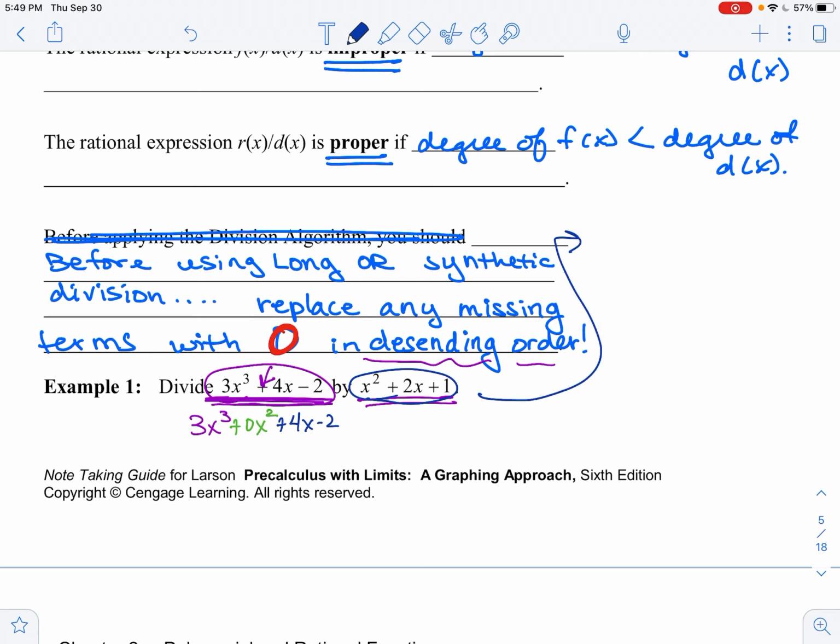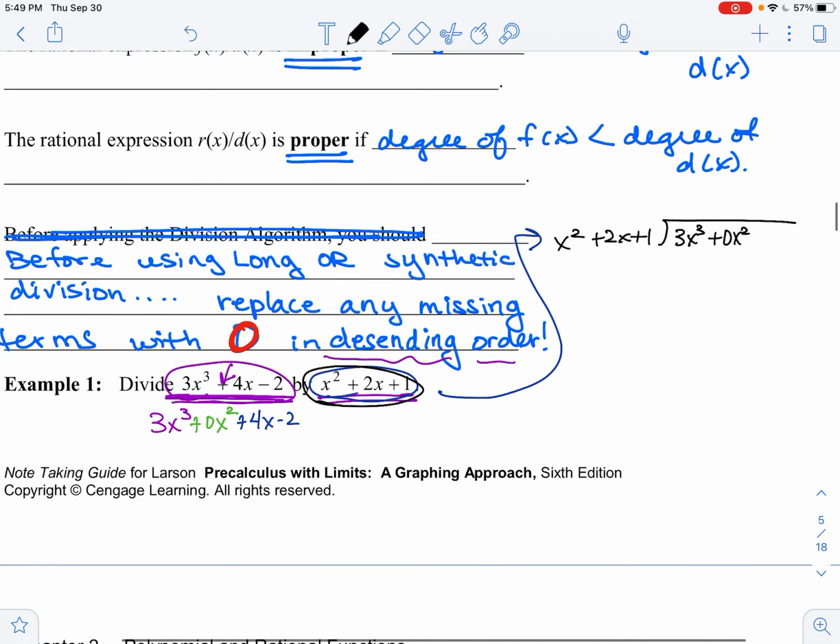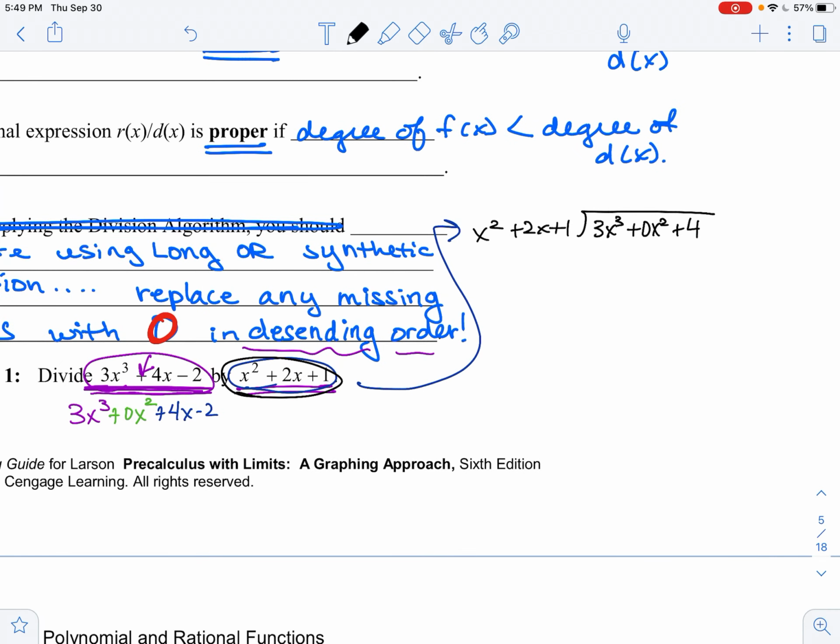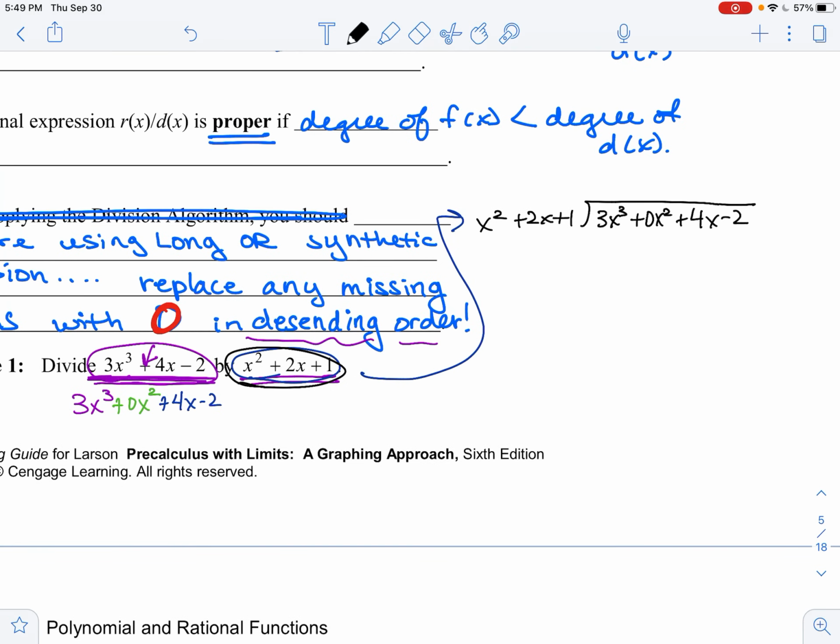So let's use long division right here. We're going to take x squared plus 2x plus 1, and divide it into 3x cubed plus 0x squared plus 4x minus 2.